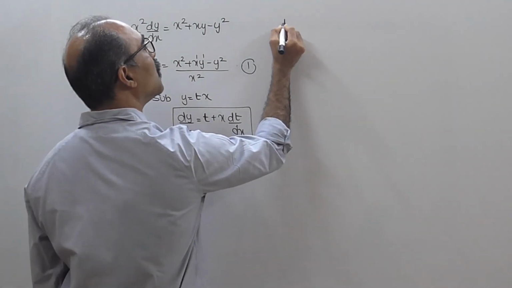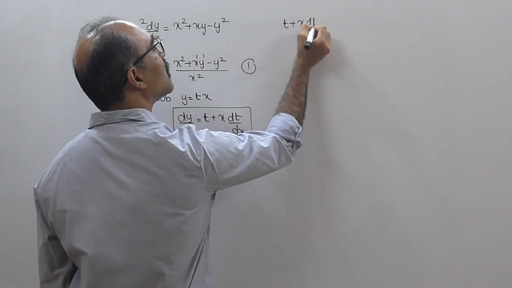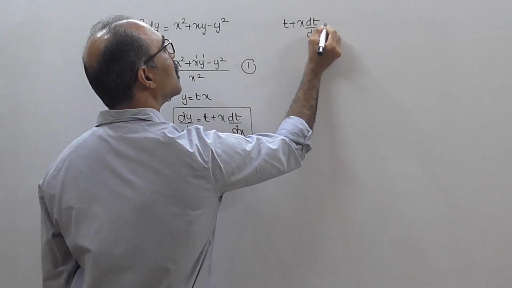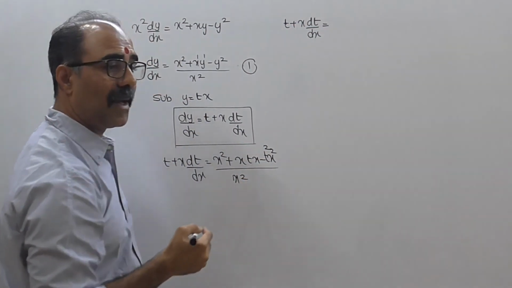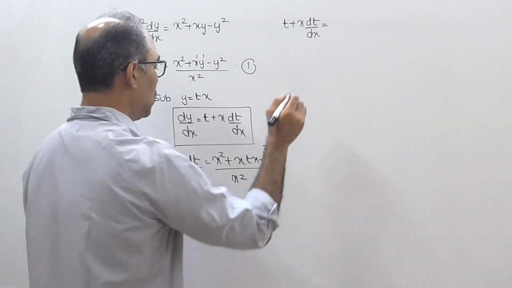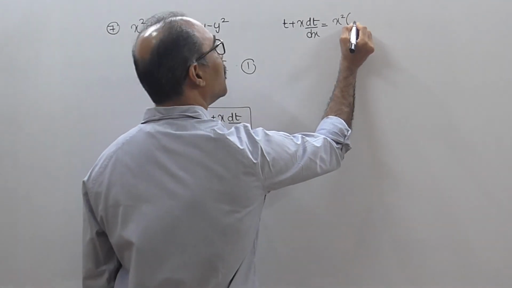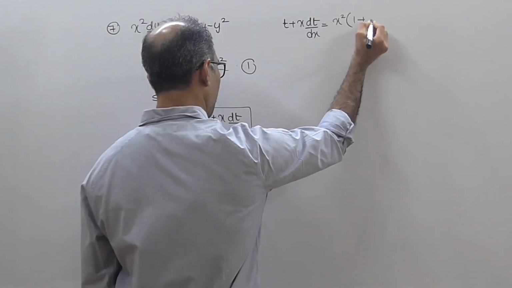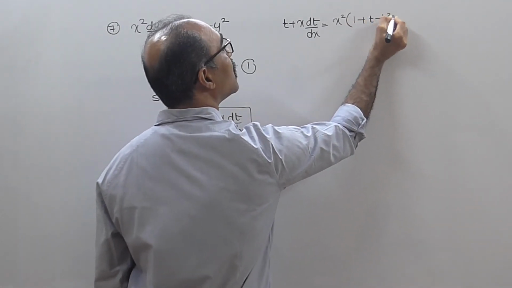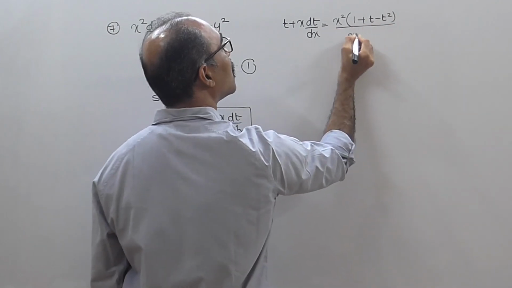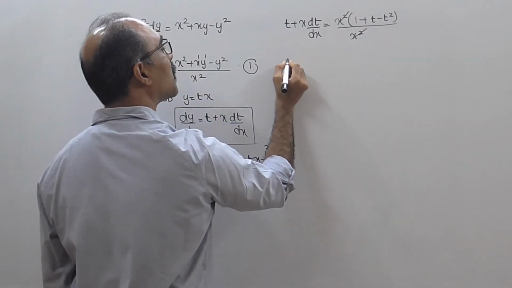I think I told you a couple of times that the x variable has to get cancelled. So we can take x square common. We get 1 plus t minus t square, the whole upon x square. X square cut.